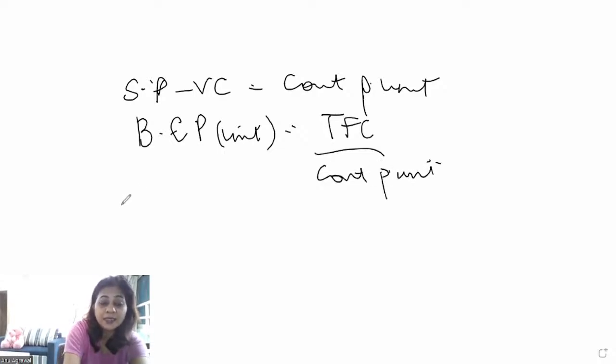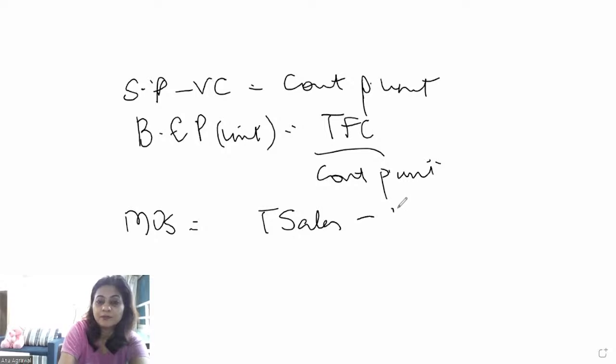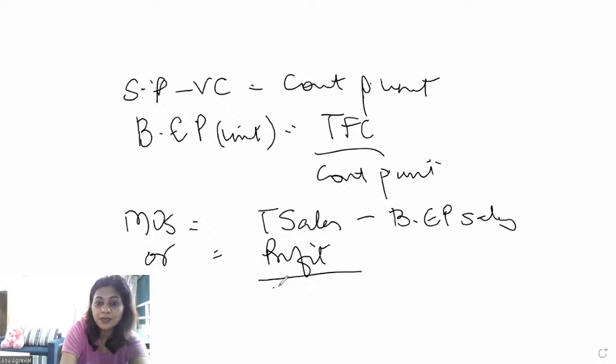Margin of safety is nothing but total sales minus break-even point sales, or we can say profit divided by contribution per unit will give me MOS in unit terms.